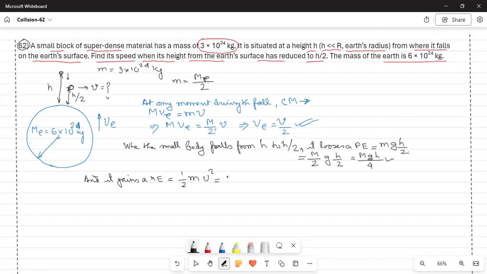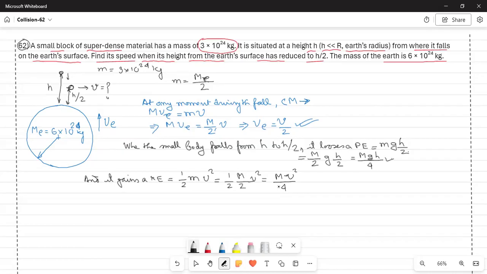This is equal to half, small m is capital M by 2, v square, which equals capital M v square by 4. But here is a very special case where Earth also moves.